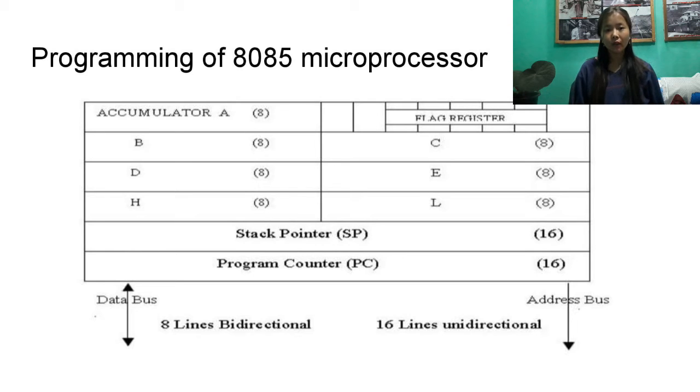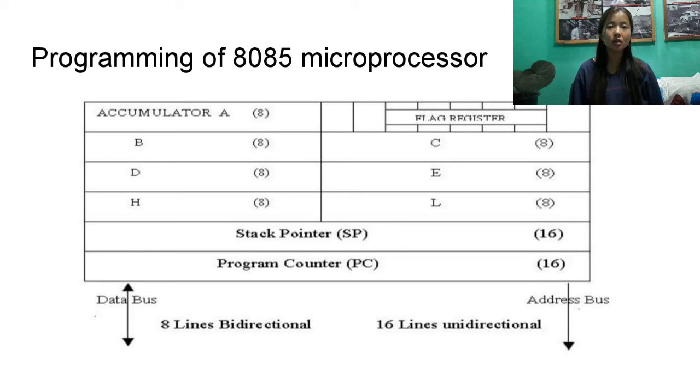The 8085 has 6 general purpose registers to store 8-bit data. These are identified as B, C, D, E, H and L, as shown on the screen. They can be combined as register pairs BC, DE and HL to perform some 16-bit operations. The programmer can use these registers to store or copy data into the register by using the data copy instruction.